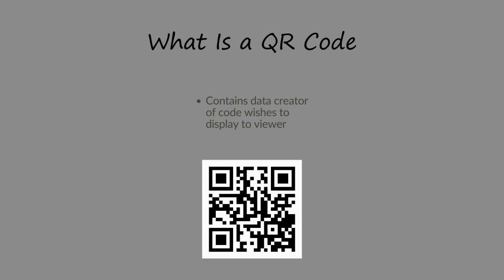This grid contains data for a locator such as a website URL, maybe a social media URL. It can be a text file or a PDF file that you can download, or even a link to a video. It basically consists of any information that the originator of the code wishes the viewer to be able to access.